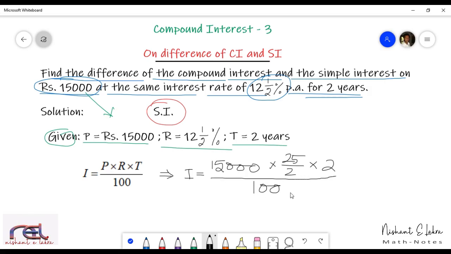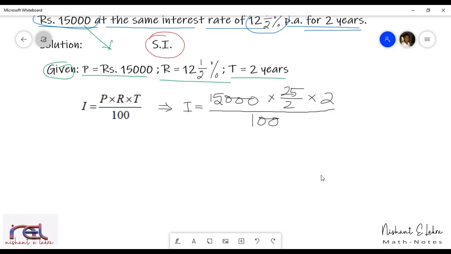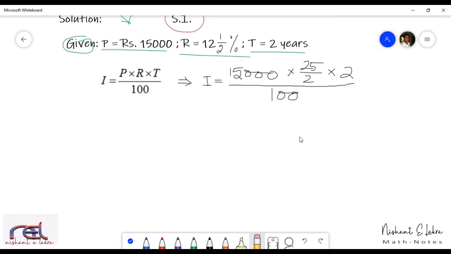Principal is 15,000 and rate, after you convert 12.5%, you will get 25 by 2%, into 2 divided by 100. I will explain how to solve this part. Those who know it, it's very nice. 15,000 into 25 by 2 into 2 divided by 100.